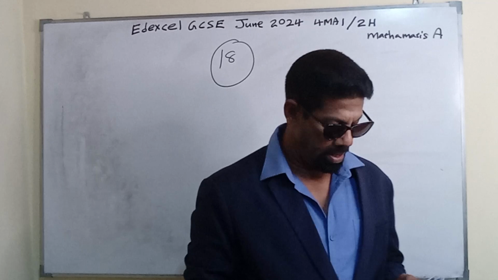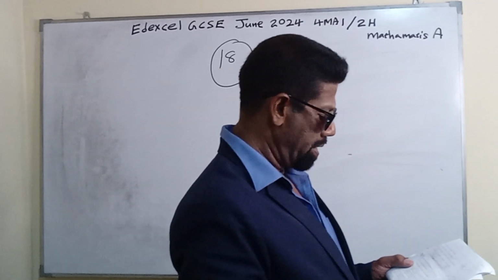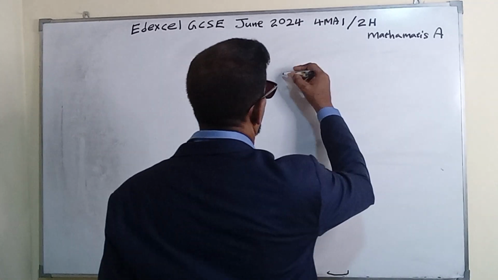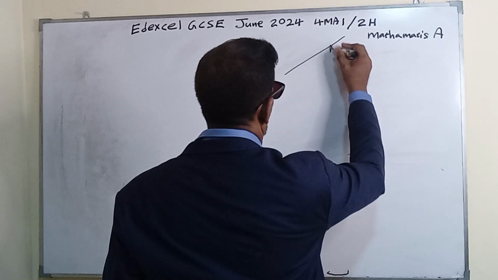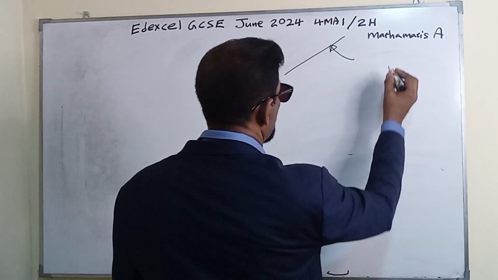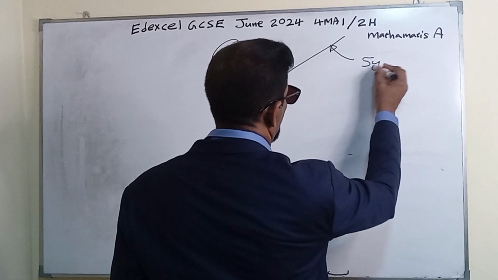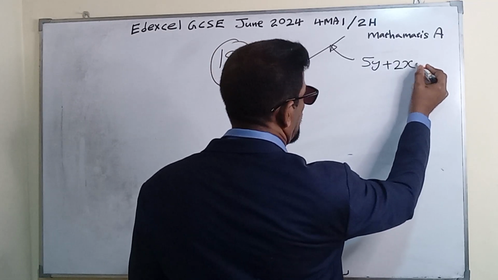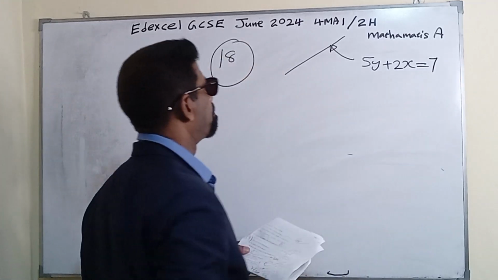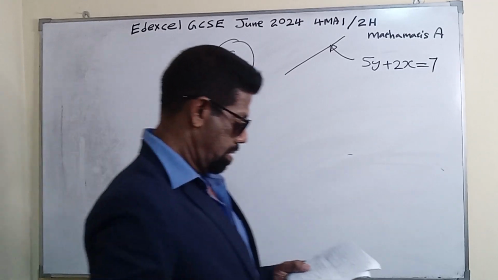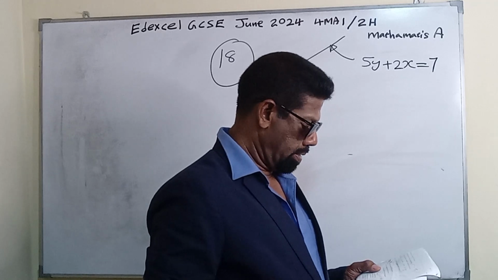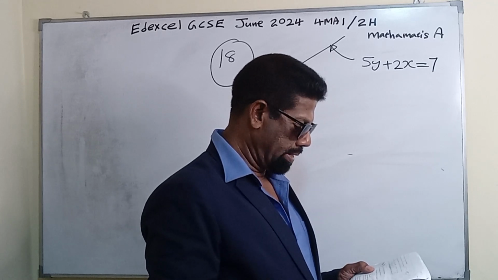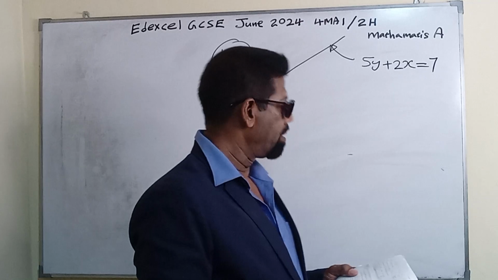The straight line has equation 5y plus 2x equals 7. This is a straight line. Find the gradient of the line perpendicular to it.